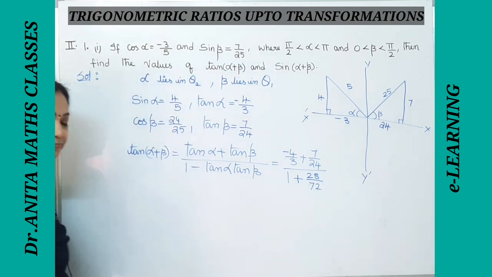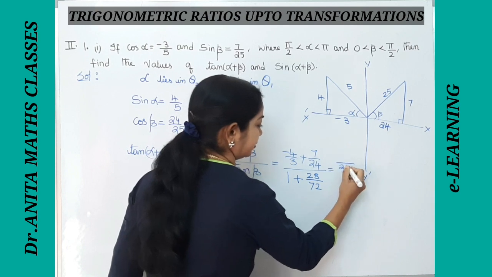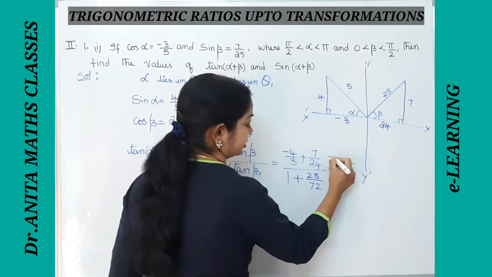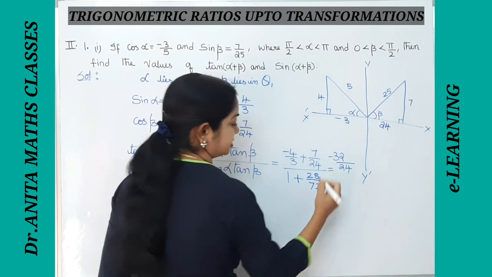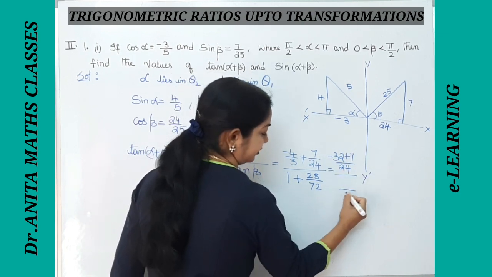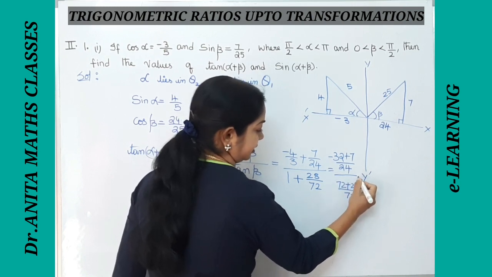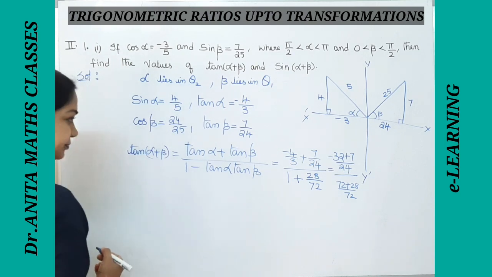Now if I take the LCM here, 24: 8 times 4 is 32, so minus 32 plus 7, and in the denominator, the LCM 72 plus 28.